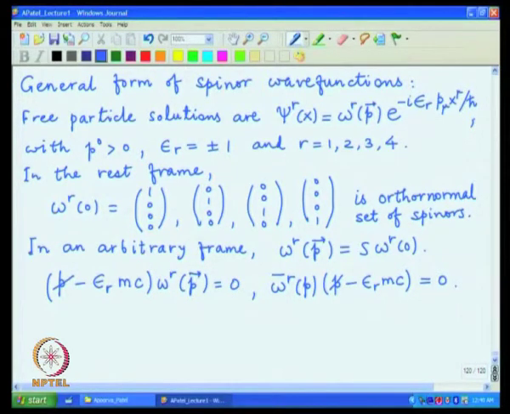The point of doing all this exercise is that one can now construct the orthogonal relations not in just the rest frame where it is rather trivial, but in an arbitrary frame which specifies basically just the fact that you have a complete basis.